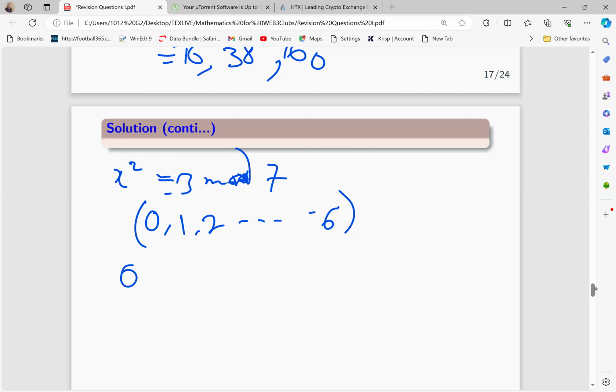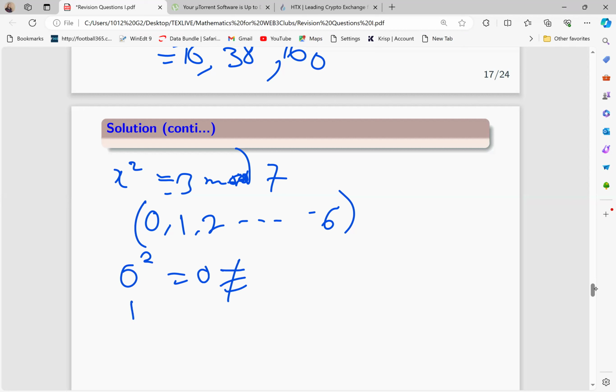We start with 0. 0 squared is 0. So that won't be congruent to 3 mod 7. So 0 can't be our solution.